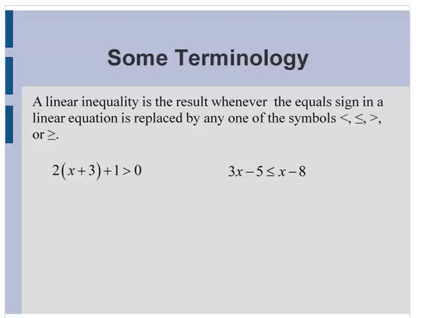If this were an equal sign, we'd have a linear equation. But since we've replaced the equal sign with a greater than, it is a linear inequality. Similarly, 3x plus 5 is less than or equal to x minus 8 is a linear inequality. We've replaced an equal sign with a less than or equal to sign.